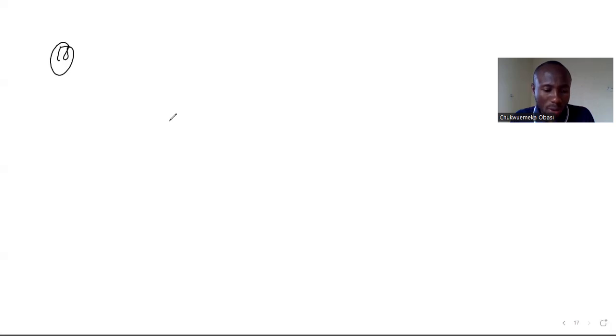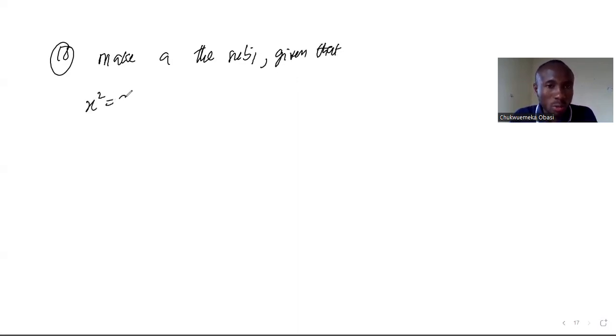Okay, this will be our last example for this tutorial. It says, I'll write it out. It says, make A the subject of the formula, given that x squared is equal to a squared minus a squared w squared, and find the value of a to 2dp.